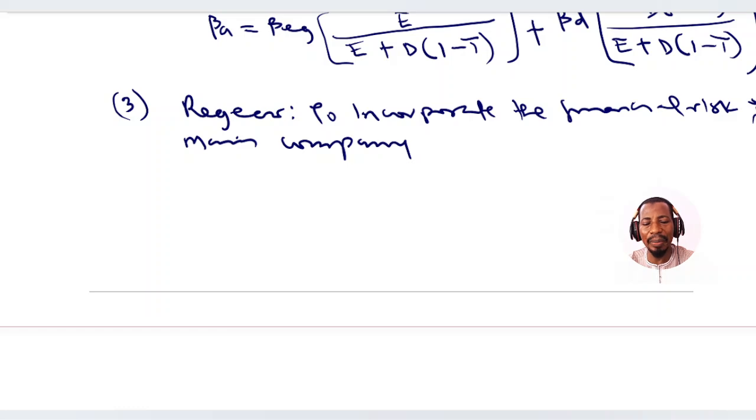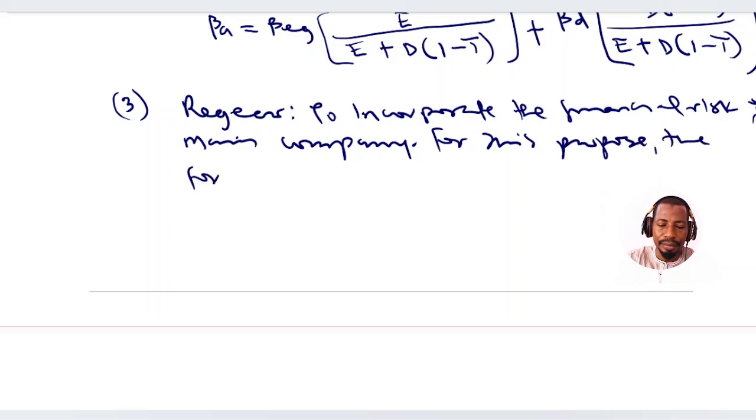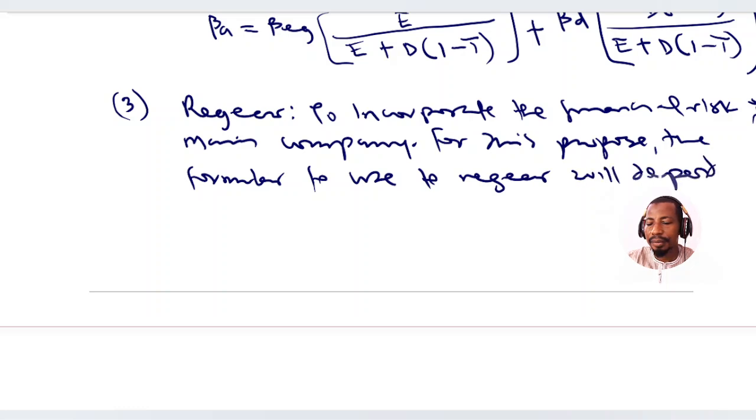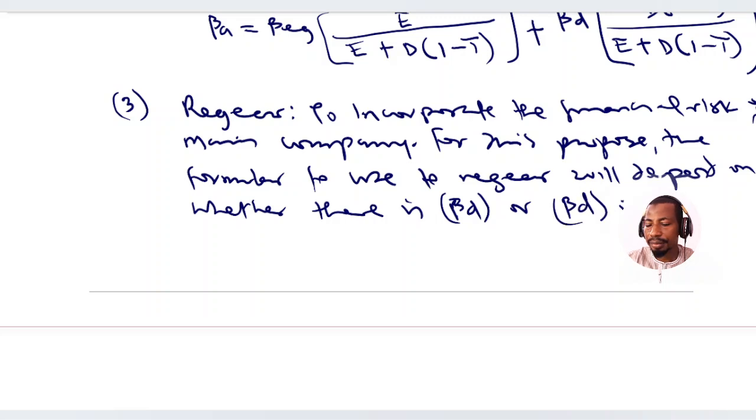So the formula you are going to use to regear will depend on whether there is debt beta or debt beta is risk-free.